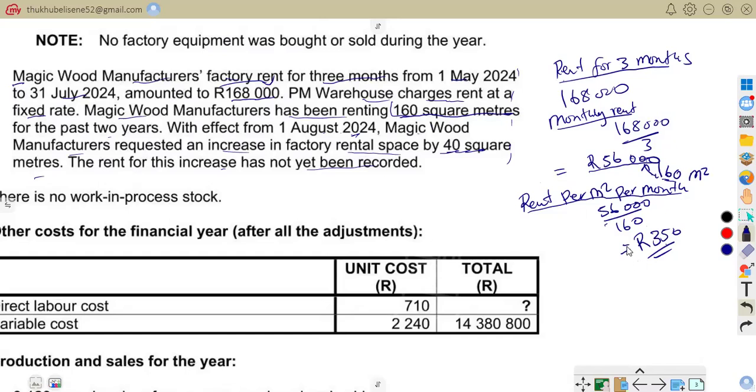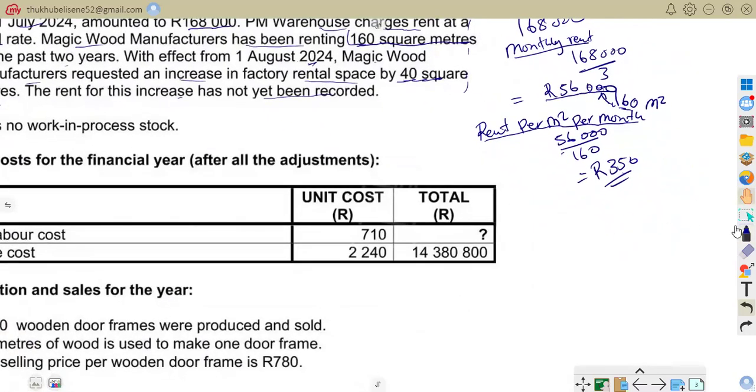Now, people, we are to calculate the new monthly rent.